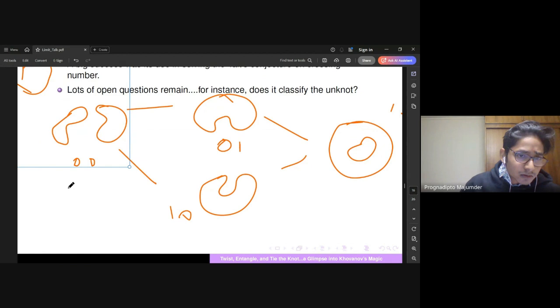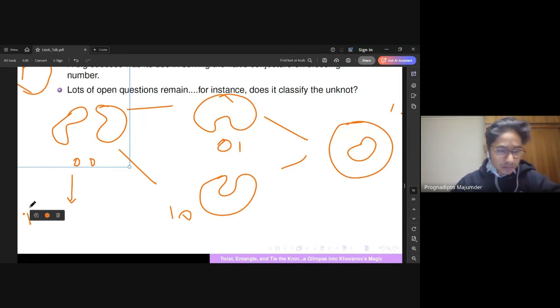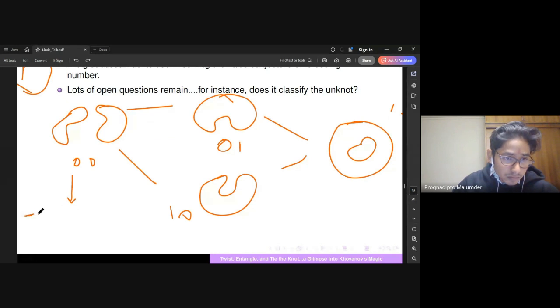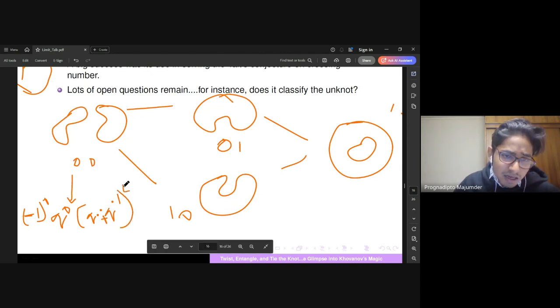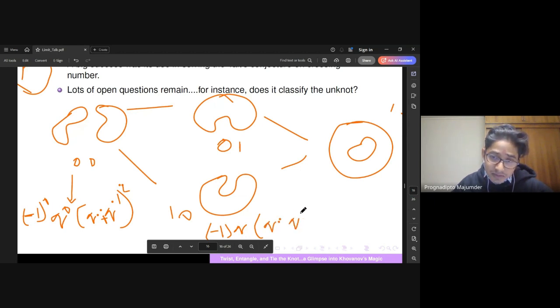Okay. So for this one, I have (-1)^0 q^0, because the number of ones is zero, times (q + q^-1) squared, where the square is the number of circles. For these two diagrams, each has (-1) times q, and there is 1 circle, so (q + q^-1).